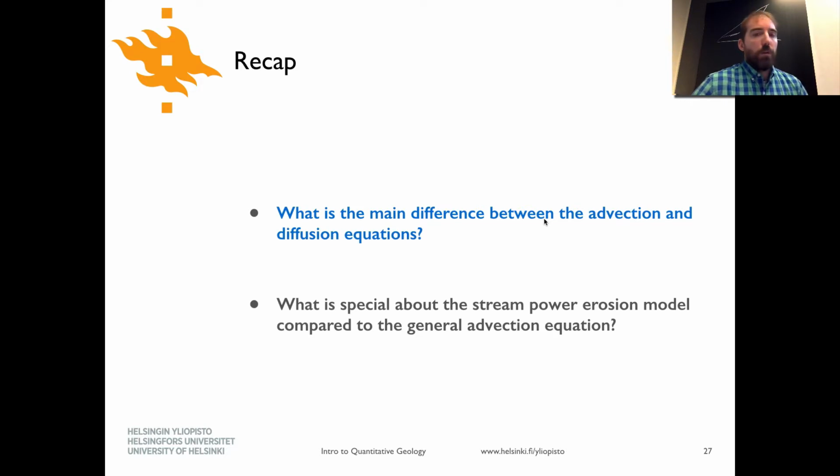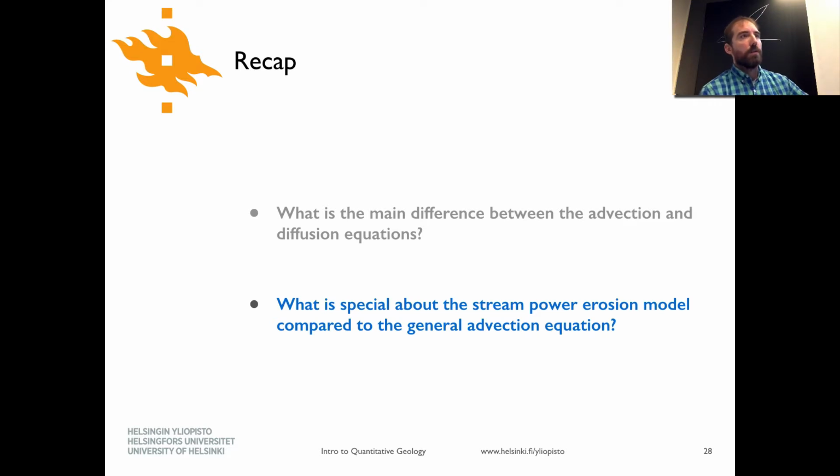The other thing is that we worry about conserving mass with the diffusion equation, and we don't worry about conservation of mass for the advection equation. And the special thing about the stream power erosion law compared to the general advection equation, essentially the only difference is that we say this constant c that we saw at the beginning is replaced by some terms that change as a function of space.